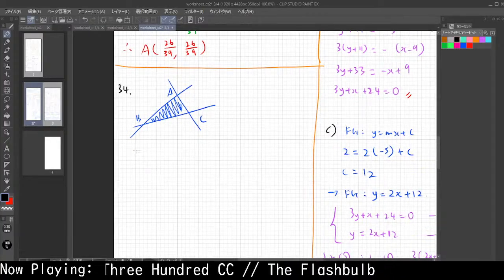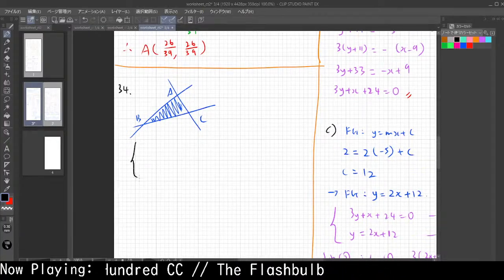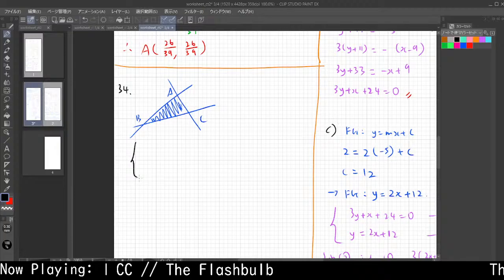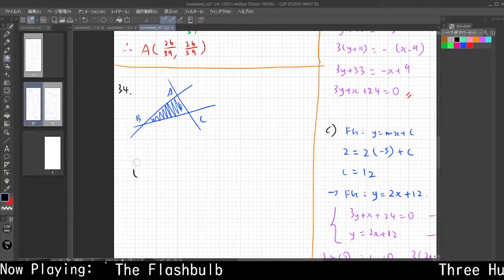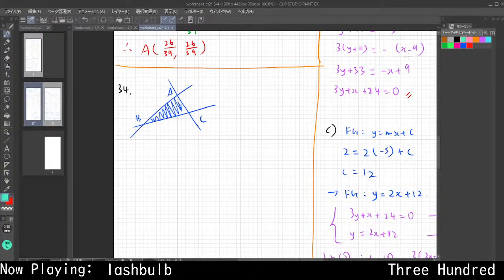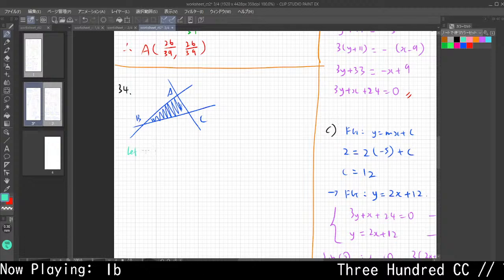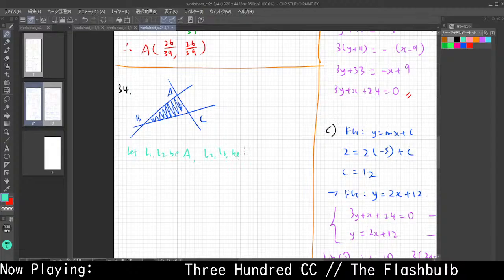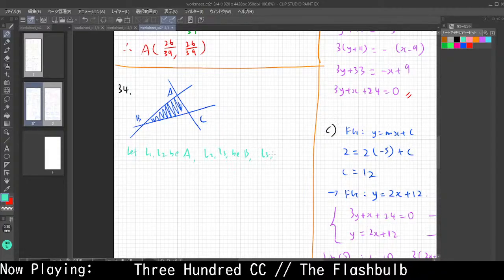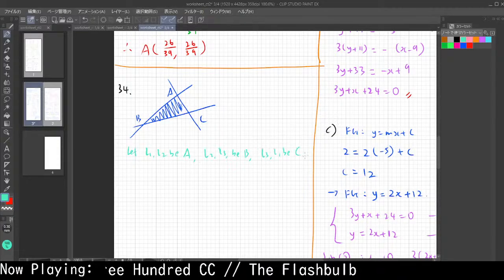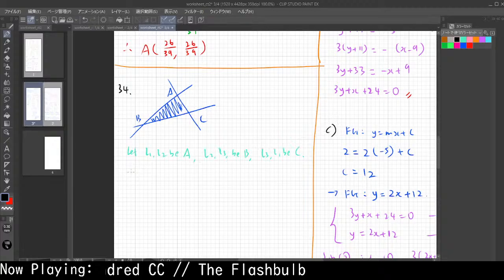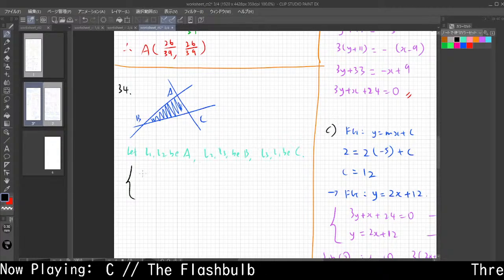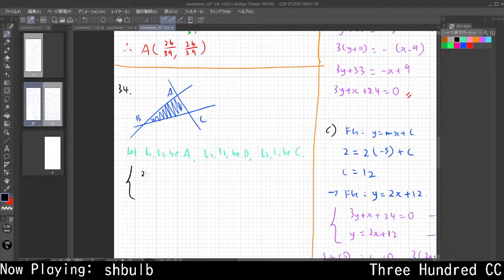Let's go through it bit by bit. First pair: let L1, L2 be A, L2, L3 be B, L3, L1 be C. So your L1, L2 intersects at A according to our assumptions.